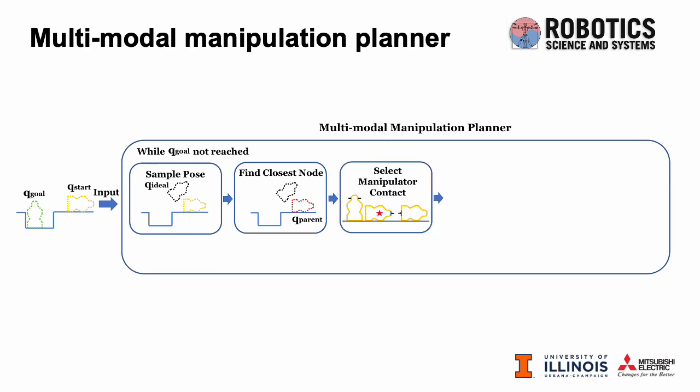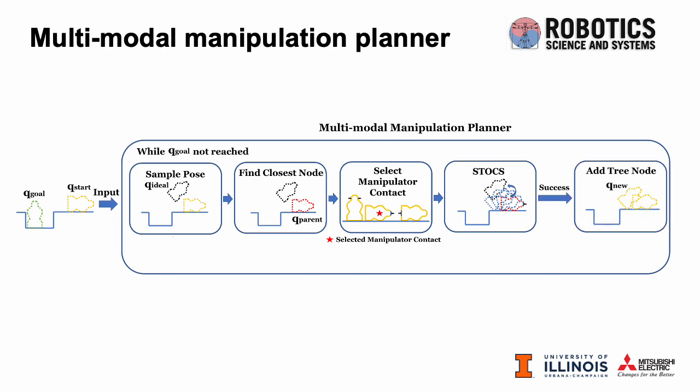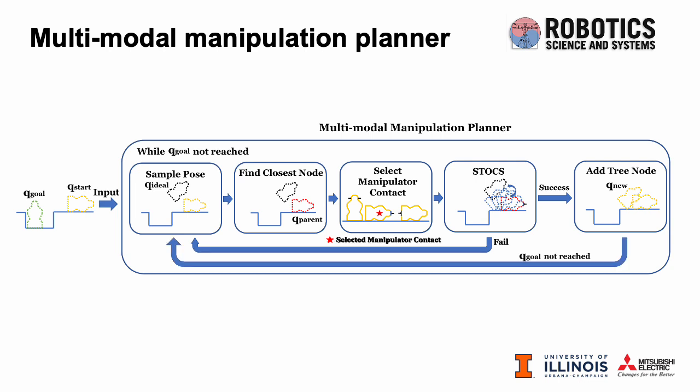Next, a manipulator contact will be selected from all the allowable manipulator contacts at Q-parent, and STOCS will be used to steer the object from Q-parent to Q-ideal. The algorithm will loop through these steps until the goal is reached. The manipulator contact selection step enables multi-modal behavior to be discovered.